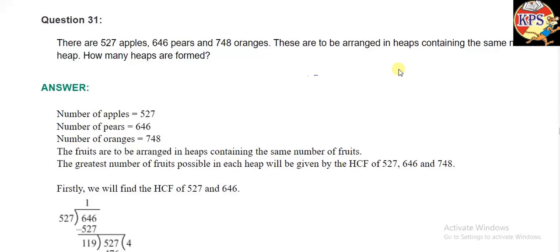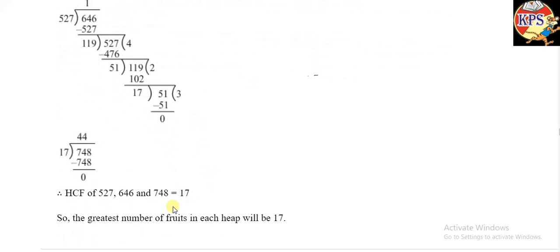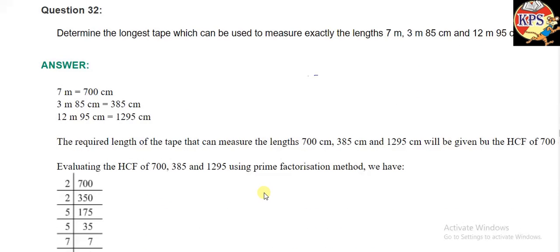How many heaps are formed? The method is the same. First you find the HCF of these two numbers, and here we are getting 17. Now we find the HCF of 17 and 748, the third number, and we get 17 in each case. So the greatest number of fruits in each heap will be 17. This question is also the same.